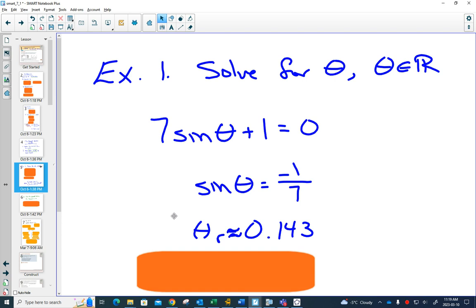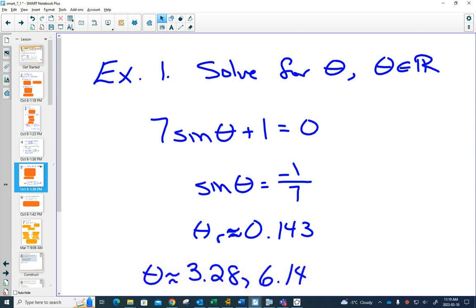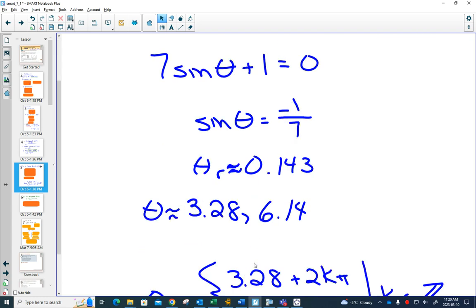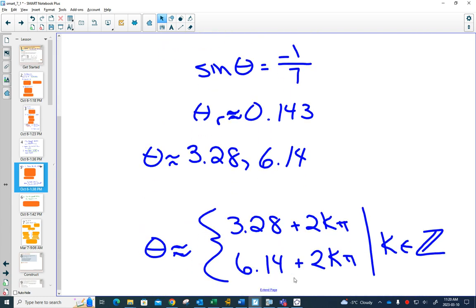So once you found your reference angle, well, solving between 0 and 2 pi, sine is negative in quadrants 3 and 4. So once you found your answers between 0 and 2 pi, then our final answer would just be adding 2k pi to each of them.